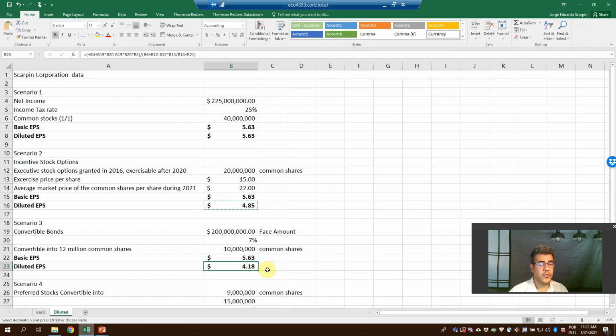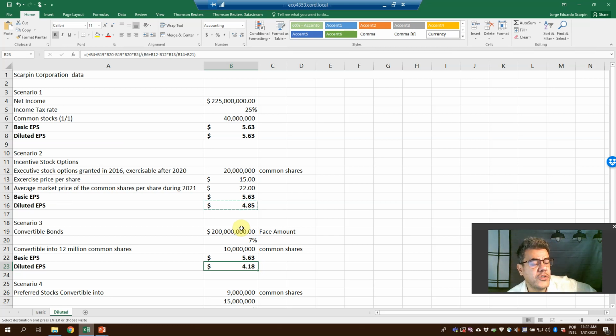And now, what do we have? Convertible bonds. We are converting these $200,000 bonds, 7%, into 10 million common shares.